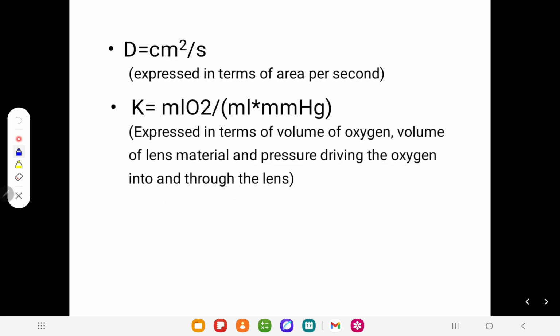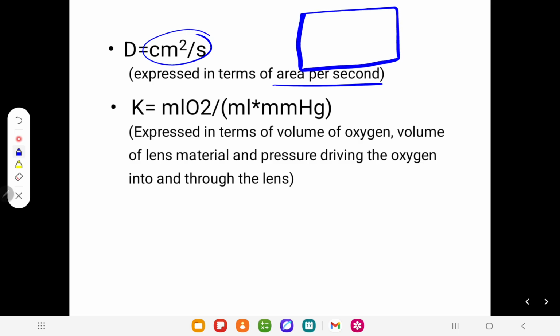So, diffusion is expressed in centimeter squared per second, in terms of area per second. Why area? I have already told you diffusion means speed. Speed, as we learned in school, is centimeter per second or meter per second, isn't it? But why is it centimeter squared per second? Just remember, this is the material, and this material has a matrix. One oxygen molecule comes into the matrix, and it cannot pass straight through.